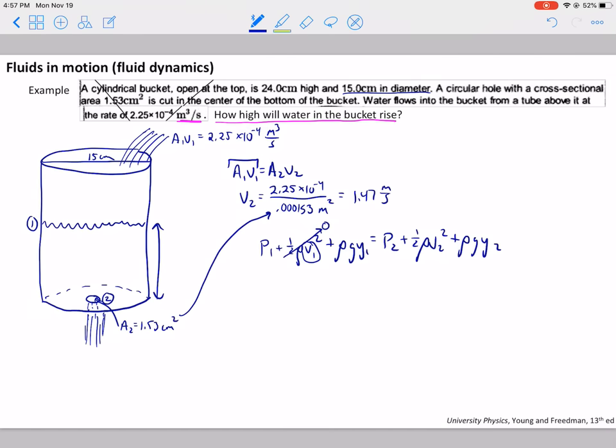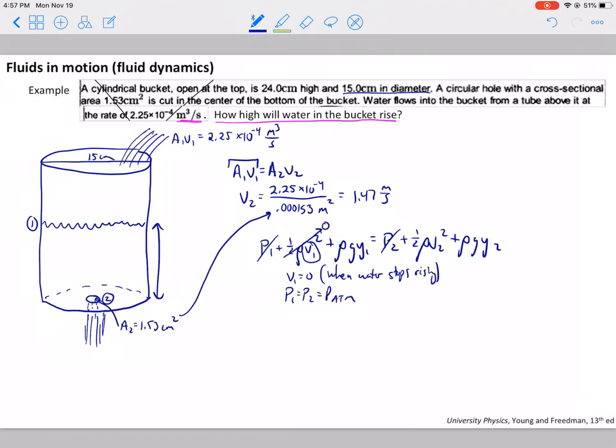So that one is gone. What else can we say? Both 1 and 2 are open to atmosphere, so they are going to cancel out. V1 is equal to 0, we'll say when the water stops rising. And P1 equals P2 equals P atmosphere.